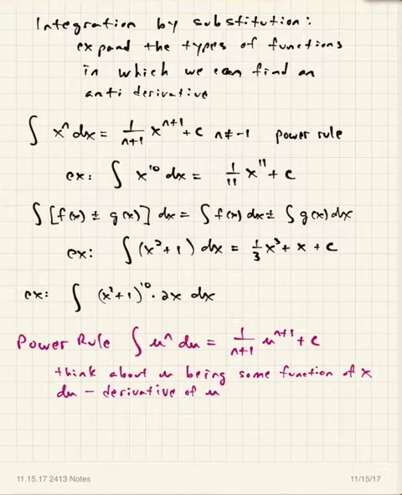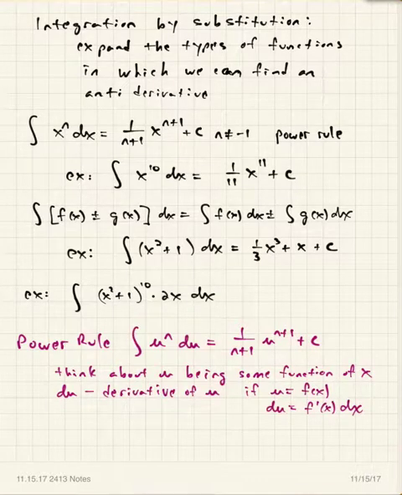And then we're going to use this definition. This is one of the things that kind of got cut out during the semester because we lost the entire first week of the semester because of the hurricane. But we're going to use this definition here that if u is some function of x, then the differential of u, du, is equal to f prime of x dx. There's a geometric reason for that definition.